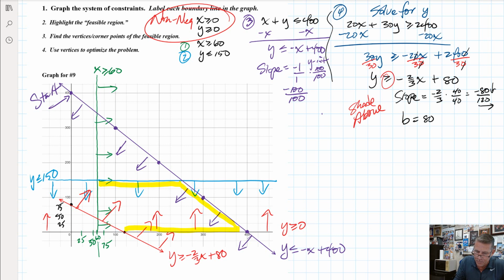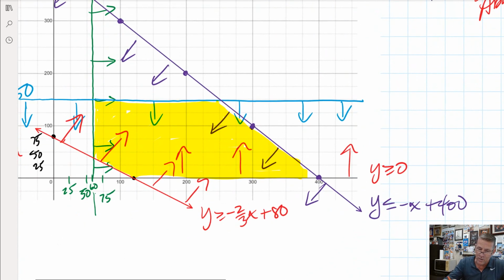Okay. And look at this. How many sides does it have? 1, 2, 3, 4, 5 sides. It's a 5-sided figure. It's a pentagon. Okay, not a regular pentagon, but it's a pentagon. Pentagon just means 5-sided figure. Penta meaning 5. So it's a 5-sided figure and it has 5 vertices. So we need to find them. So let's just name them.